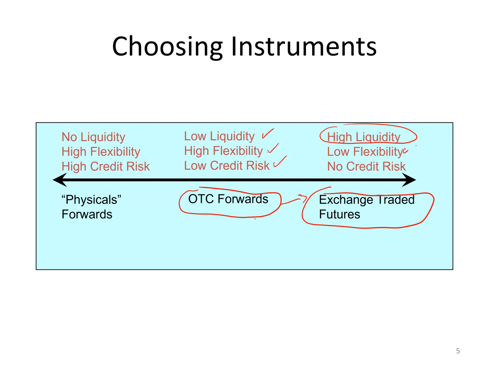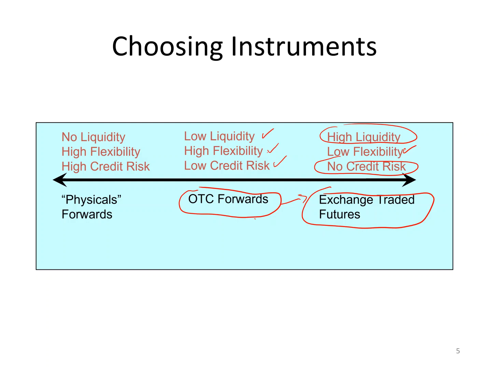However, there's very low flexibility. It's specified quantity, quality, delivery dates, locations. The only thing you choose is to buy or sell and the number of contracts. However, an exchange-traded future is generally considered to have no credit risk. There's never been a major exchange that has failed in the United States.